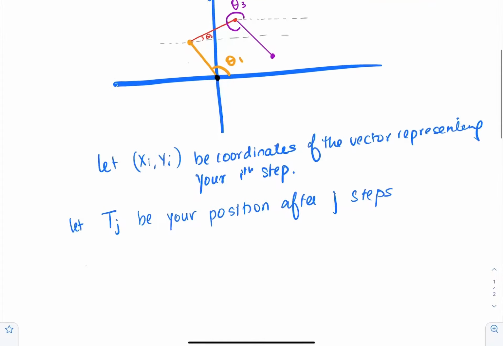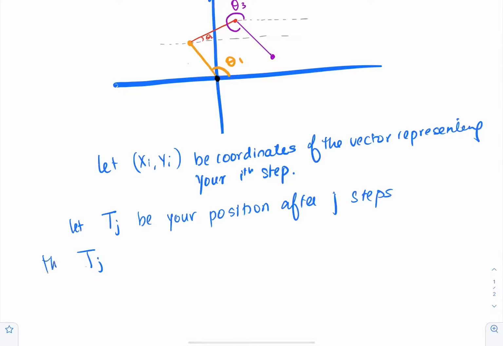Of course, Tj is a point in the plane. So what will Tj be? Then Tj will be the first vector plus the second vector plus the third vector all the way till the jth vector, right? So the x coordinate will be x1 plus x2 plus ... plus xj. The y coordinate will be y1 plus y2 plus ... plus yj.